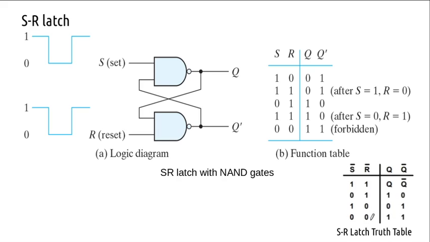Here we will say 0 is not allowed state. 0 is a not allowed state. Set is 1, reset is 1. With active low inputs on, it is retaining the previous state. So retaining the previous state.